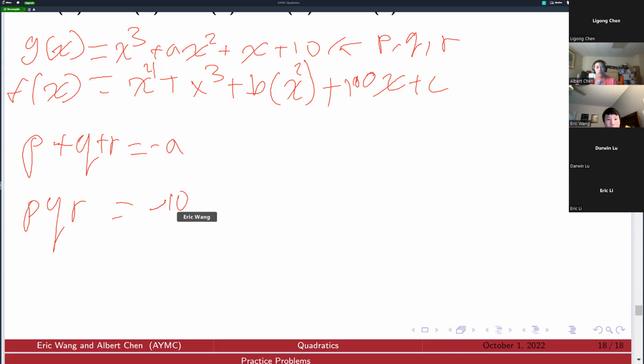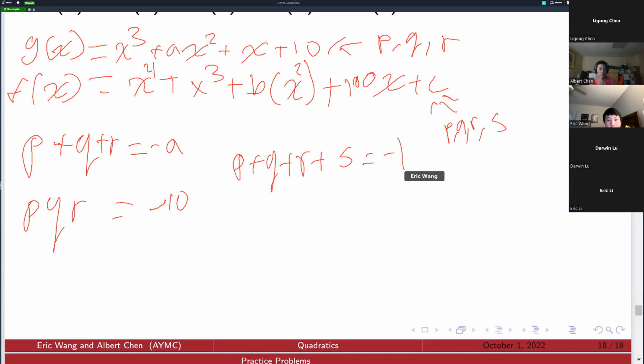And since we know the roots are p, q, r, and we know that f of x has the same roots, but one more, the roots of this we can call p, q, r, s. And we know that p plus q plus r plus s is -1.